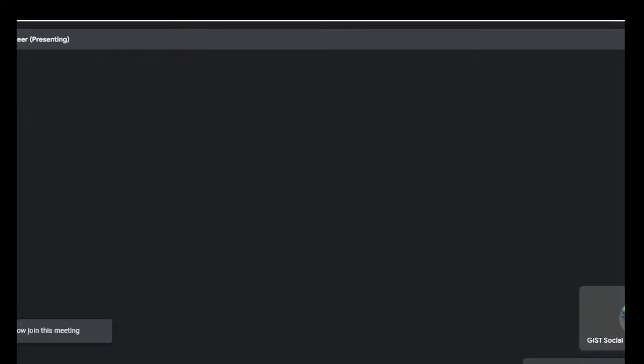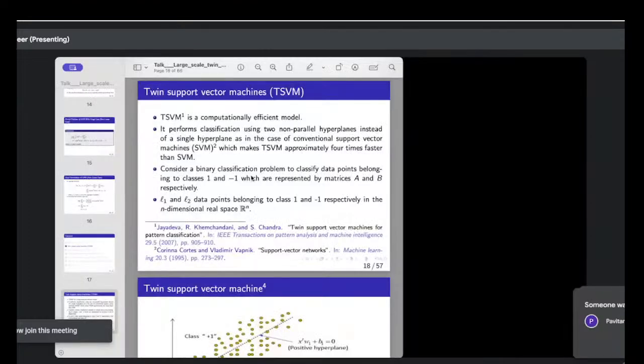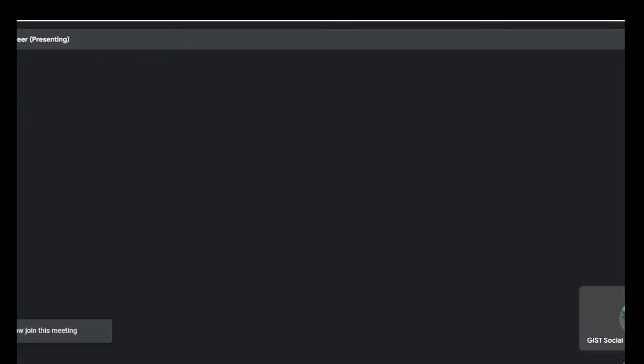So essentially, this twin support vector machine is in the spirit of proximal SVM. If you know the GEPSVM, generalized eigenvalue proximal SVM. And what we see is that it has been employed on several benchmark data sets. So this twin SVM is not only fast, but it shows better generalization ability.